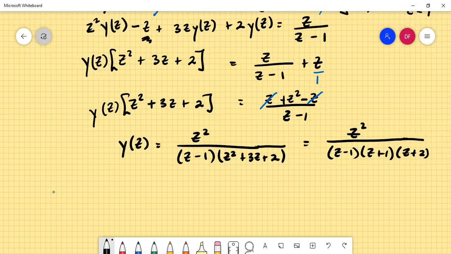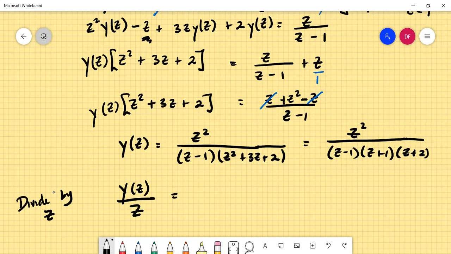But the only difference, and I will explain at the end why we do it, is that we're going to divide both sides by z. So we're going to have Y(z) over z.